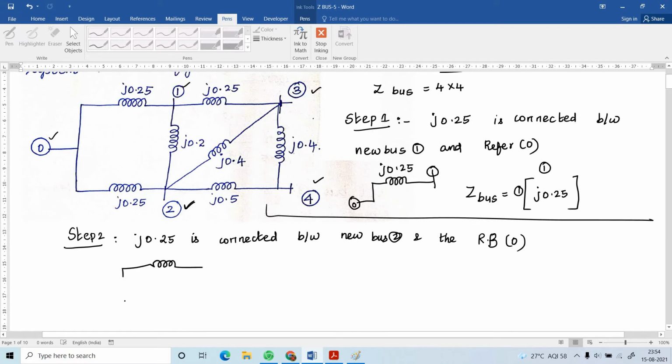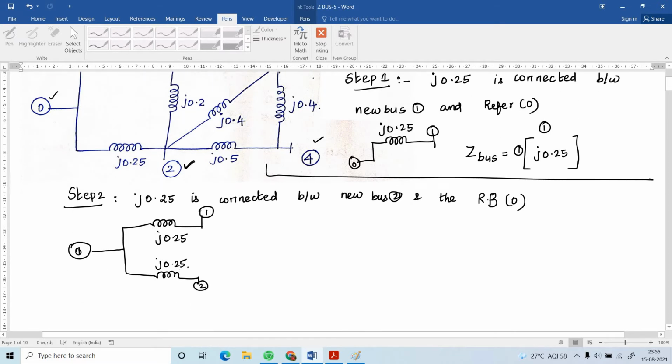Already we have drawn this and we got the answer for this. Now 2 is connected to the reference bus. Here is 1, this is J0.25. This is also J0.25.